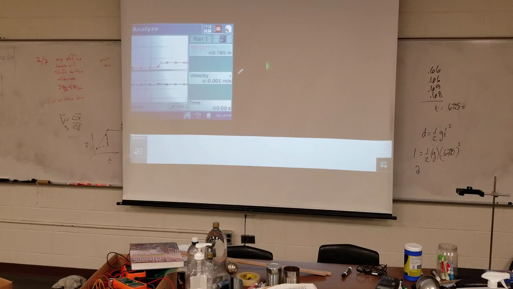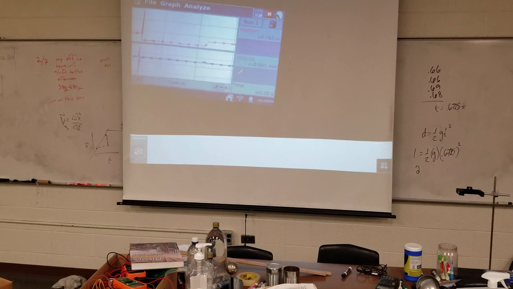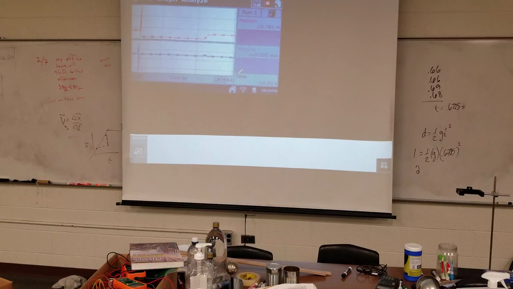All right, so taking a look at the whole thing, you got that big spike there at the beginning. That big spike at the beginning is because originally it was looking at the ceiling and then I stuck something in front of it. And also, that bottom one's velocity, so why don't we just look at the position graph, because that's what I care about. Show graph.